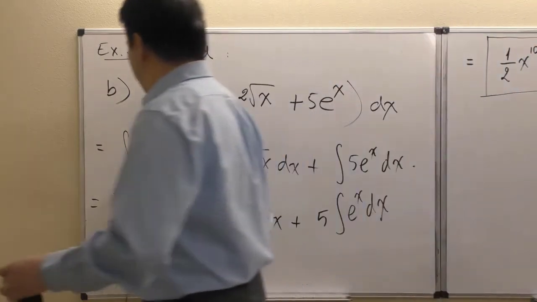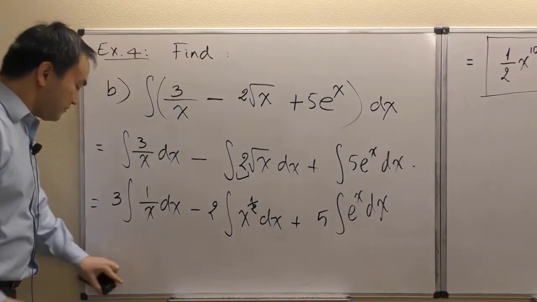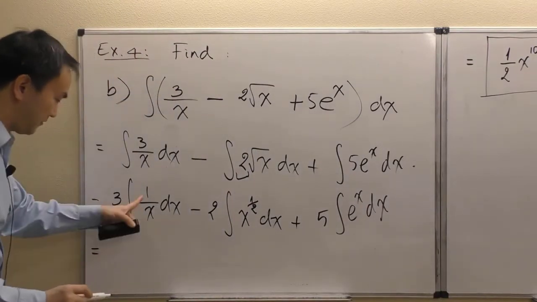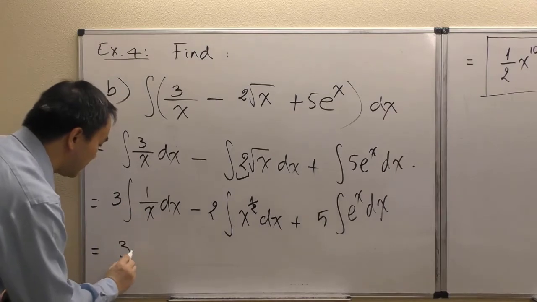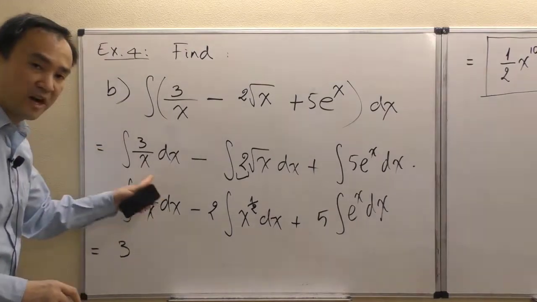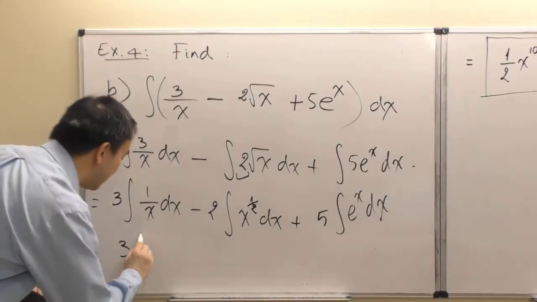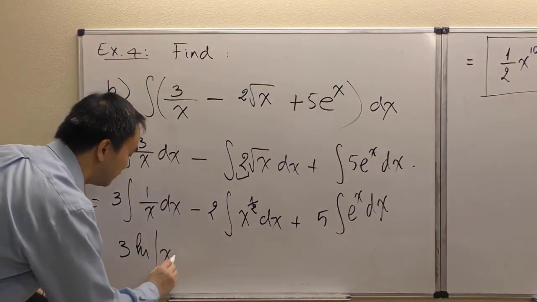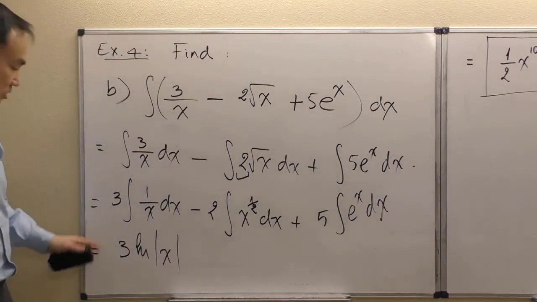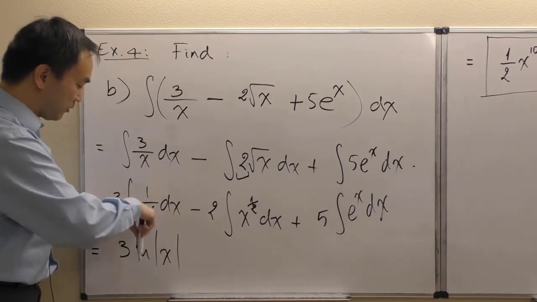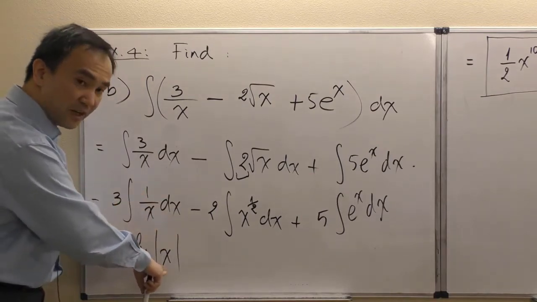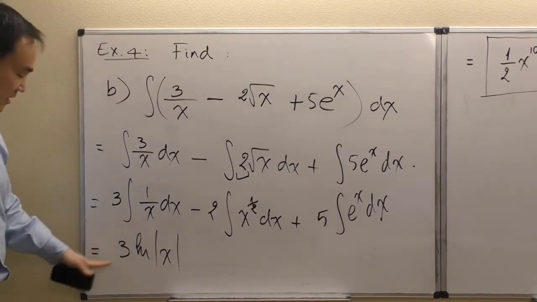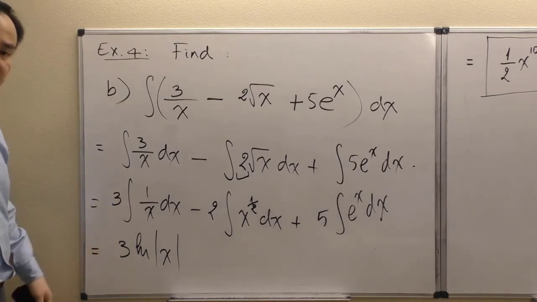All right, so now at this point, the first term gives me 3 times natural log of absolute value x. So the antiderivative of 1 over x is natural log of absolute value x. And then don't forget the constant coefficient 3 in front.